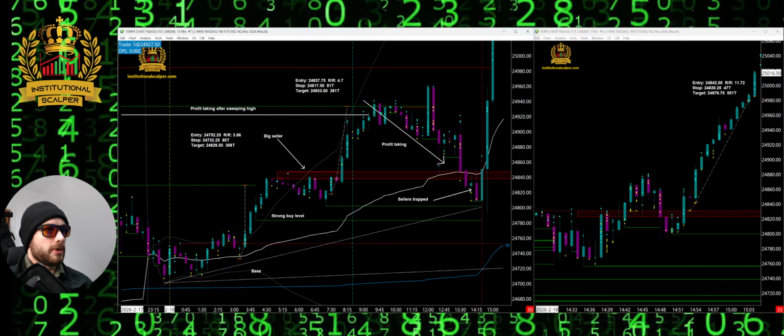And at this point we sweep a previous high. That then leads to profit taking, which we see come back down to where a previous seller was strong, and they try and defend. Obviously we've got the VWAP here as support as well, but what happens? They get trapped. So you start seeing trapped sellers.